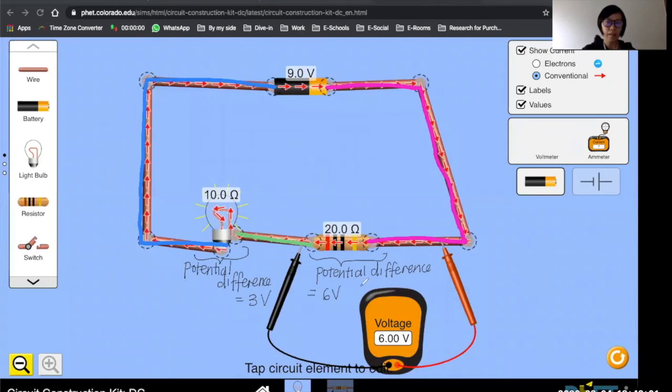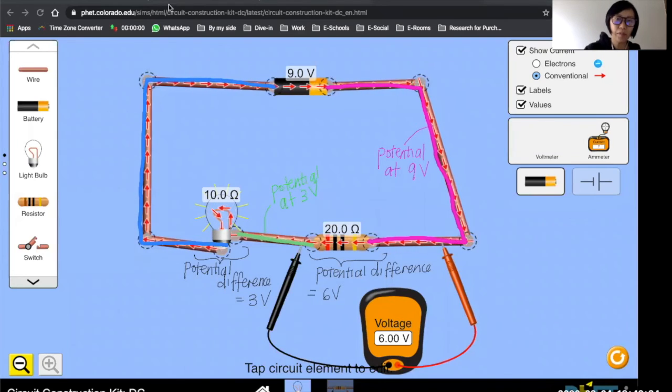Therefore, I can tell that the potential of the pink wire is still the highest, at 9 volts. But in order for the potential difference across the resistor to be 6 volts, that means the potential of my green wire, well, you can probably guess it, is at 3 volts.